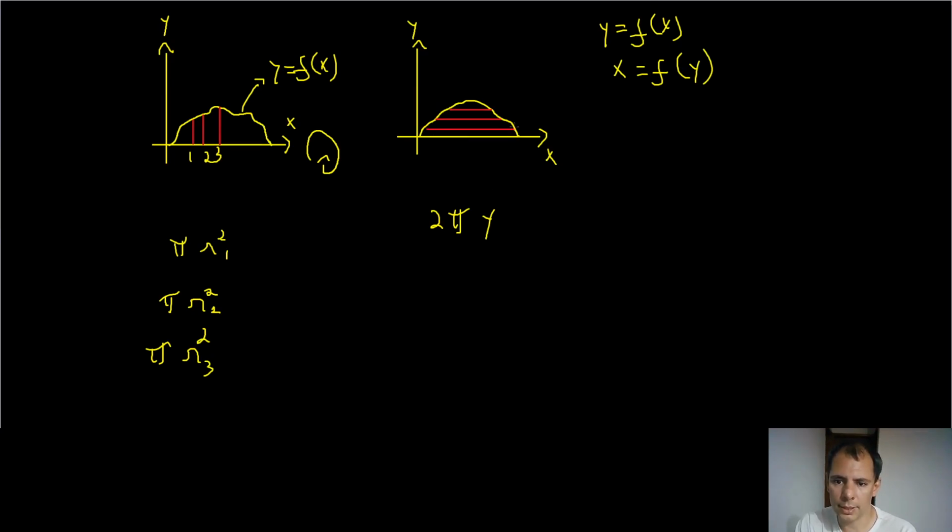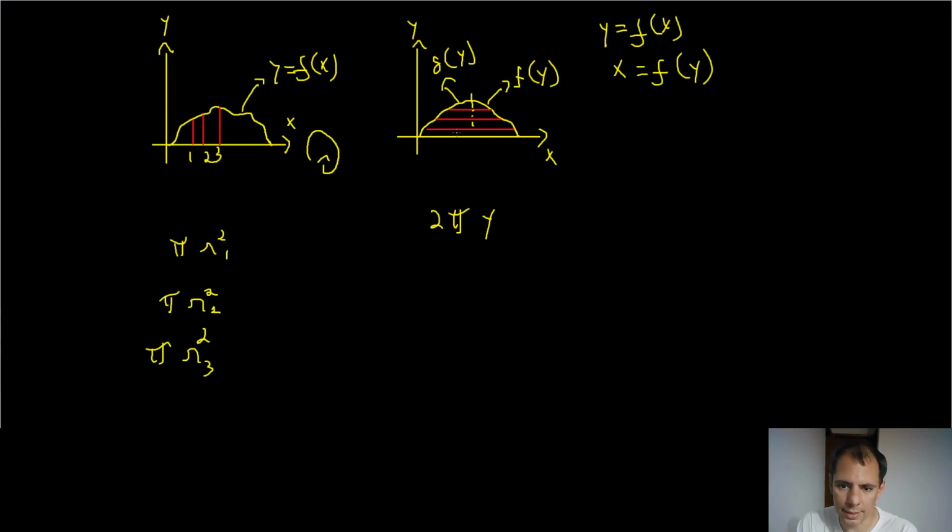So let's just say that, so you see what the problem here is? You're going to have to partition this thing right here, okay? And then you're going to have to call this function f of y and this function here g of y. And then it's going to be 2 pi y.